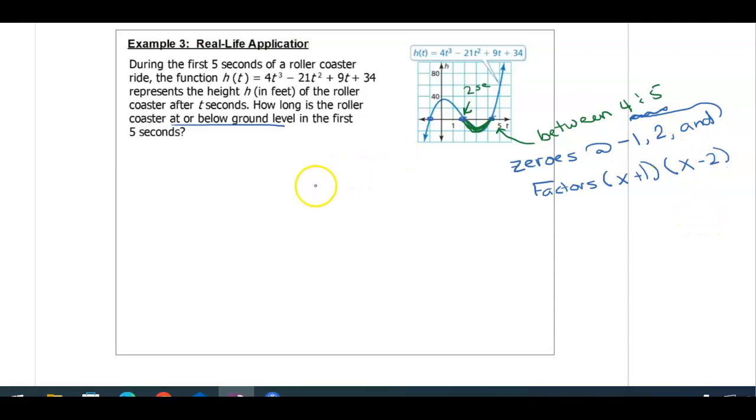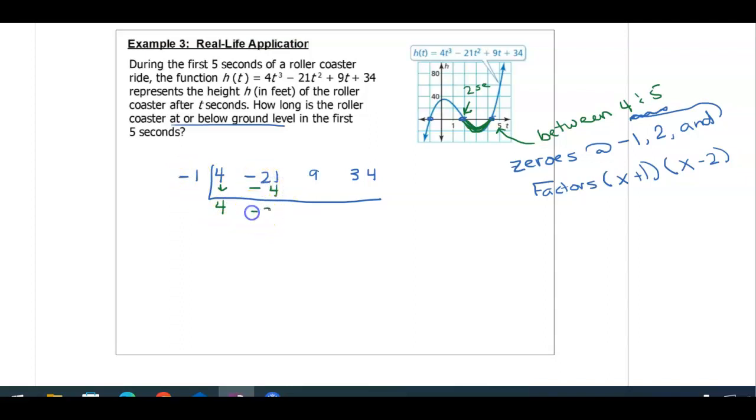We're going to use good old synthetic division. We take this function here, 4, -21, 9, and 34, and factor it. If we factor out the x plus 1 first, remember we put a -1 here. We bring the 4 down. 4 times -1 is -4.